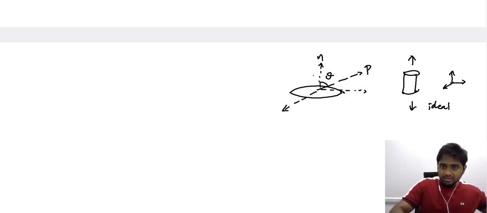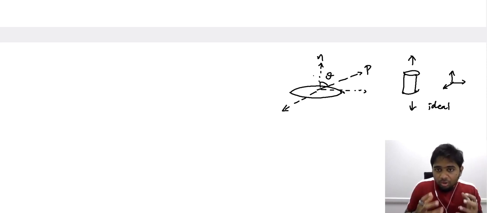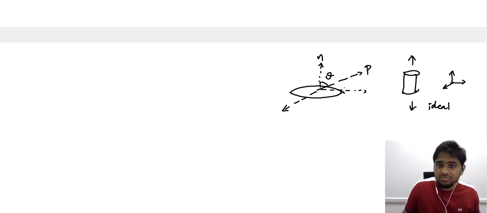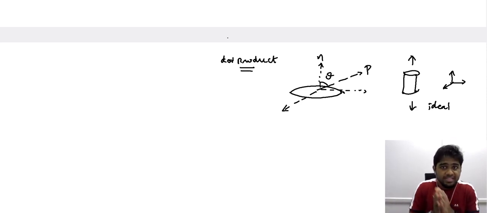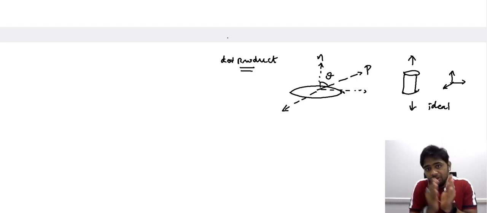Again, if we want to know how much of the load is acting along this direction, we can project this load onto this direction, and one way of doing that would be taking the dot product of two vectors. When you take the dot product of two vectors, it gives us the component of one vector acting on the other vector.